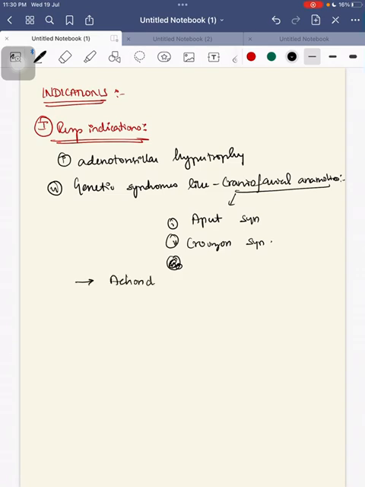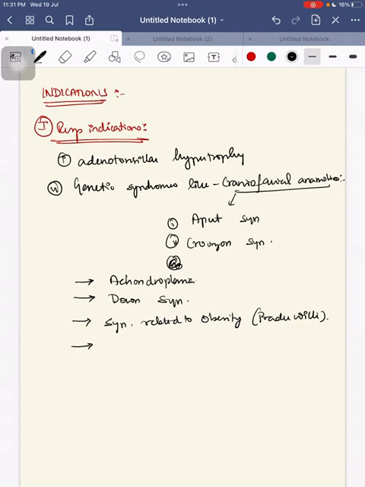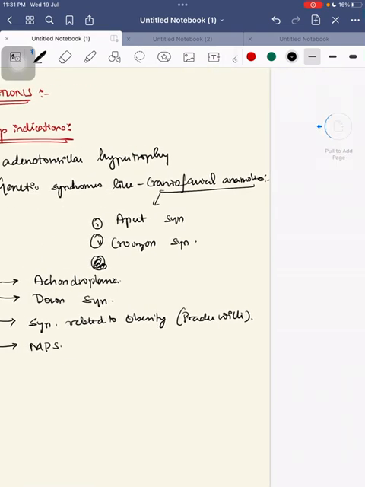Next, other genetic syndromes such as achondroplasia, Down syndrome, syndromes related to obesity, for example Prader-Willi. Next is mucopolysaccharidosis. Okay, so these are the indications.